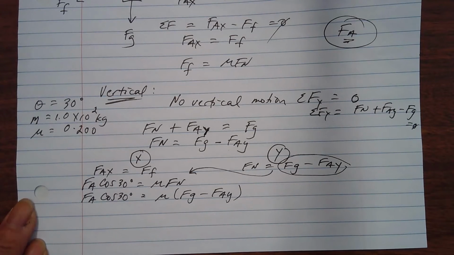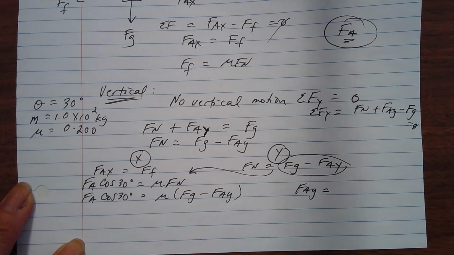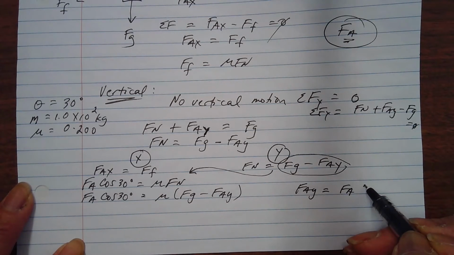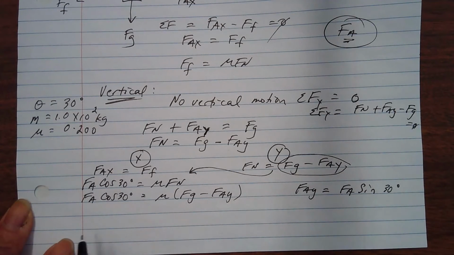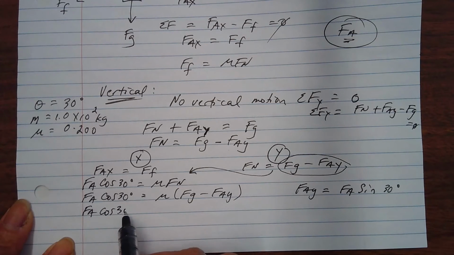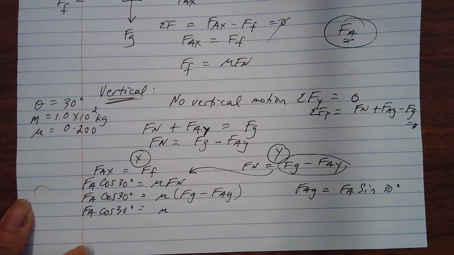All right, let's actually expand on the FAy first. What's FAy? FA sine of 30, right? So let's do that. FA cos 30 equals mu Fg.